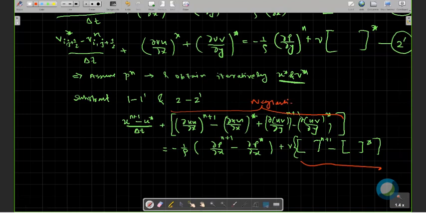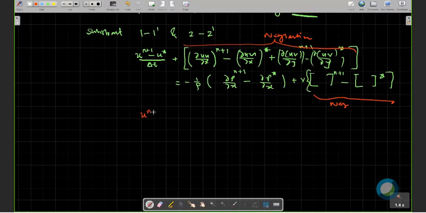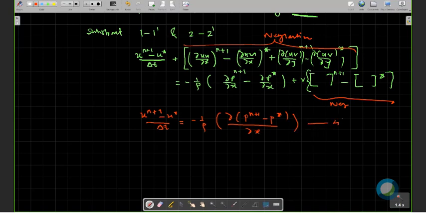So once you neglect this, you get an equation which is u n plus 1 minus u star divided by delta t, and you get equals minus 1 by rho, del p n plus 1 minus p star, del x. Okay. So this is one equation.